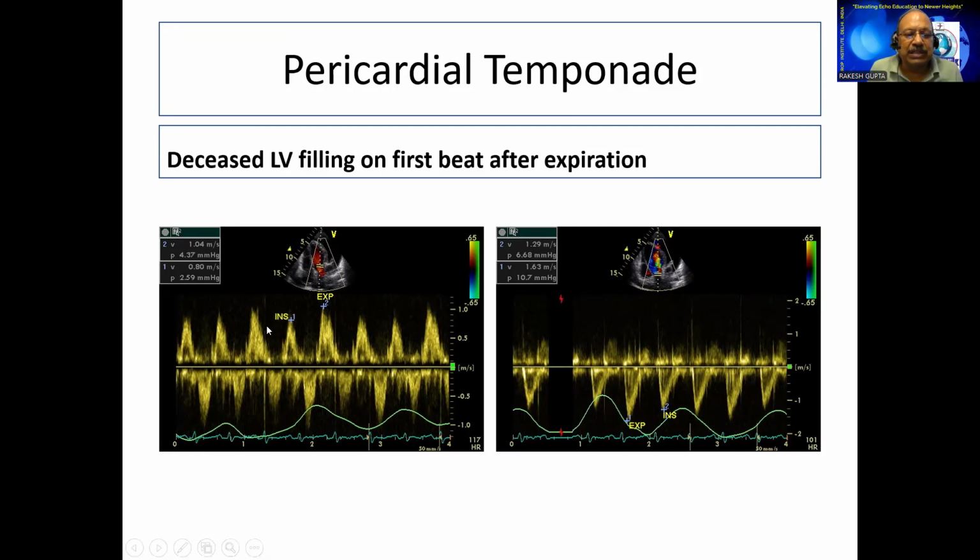And this is what is seen. With inspiration, the flow velocity is reduced; with expiration, the flow velocity is going up. And that is suggestive of mitral Doppler spectral flow. The same thing is seen in the aortic flow pattern: mitral and aortic go in the same fashion. Inspiration, they will decrease. Expiration, they will increase.